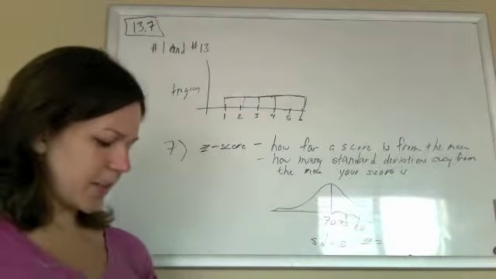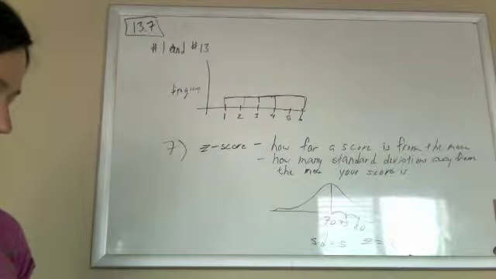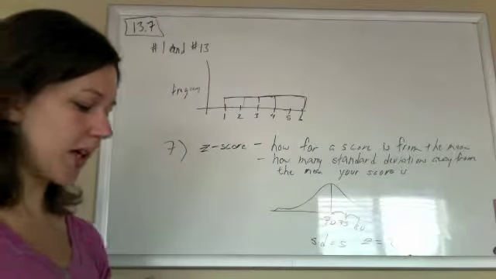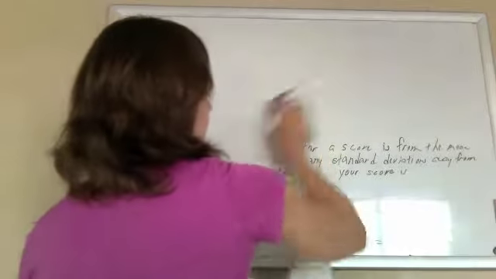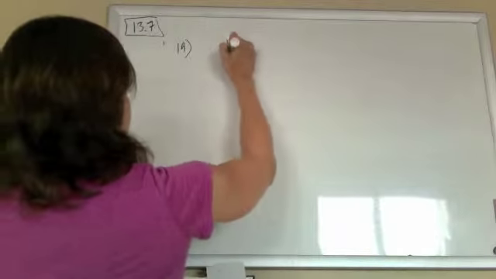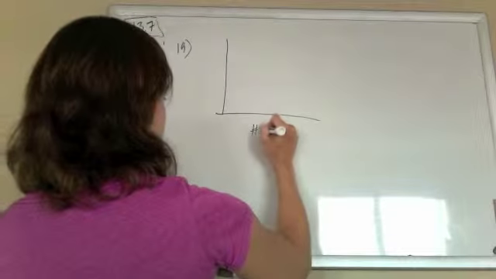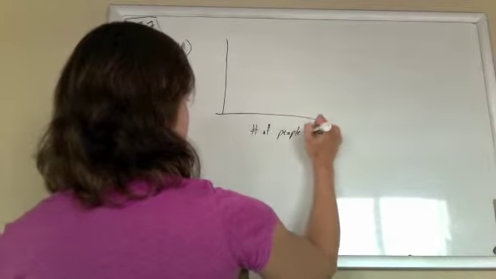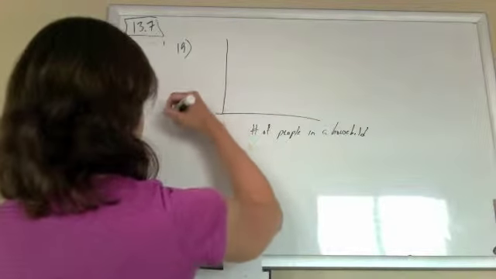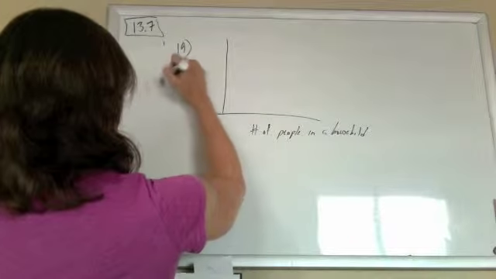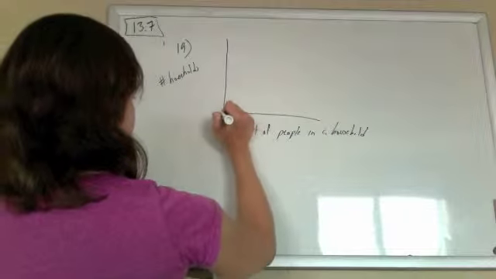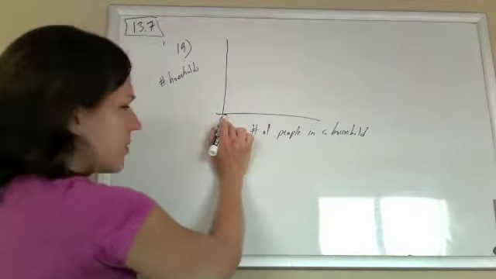Skipping to 19, they ask what kind of shape the number of people per household in the United States would look like. If you were making a graph of the number of people in a household and the number of households that have that many people, you wouldn't have any households with nobody in them.